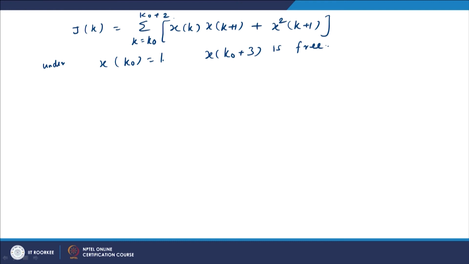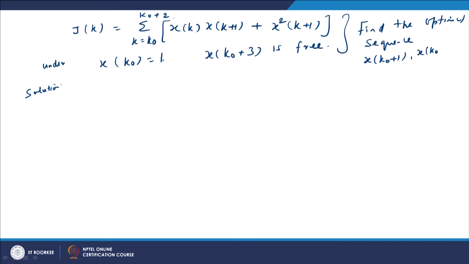In that case, for this problem we have to find the optimal sequence. x of k0 is already given; we have to find x of k0 plus 1, x of k0 plus 2, x of k0 plus 3. These 3 values we have to find to minimize or maximize this expression.